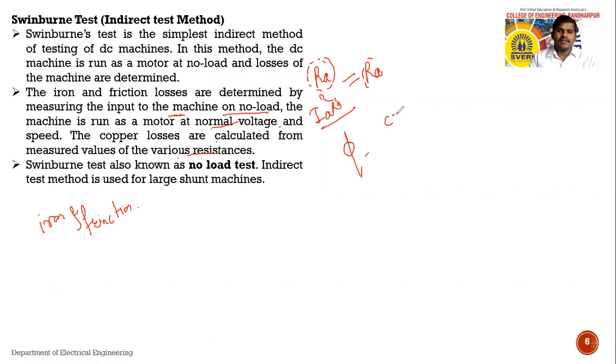Motors like the shunt motor and the compound motor have constant flux. On those two machines, the shunt motor and the compound motor, we are performing this test, the Swinburne test.